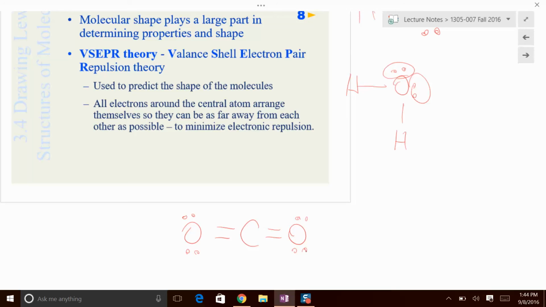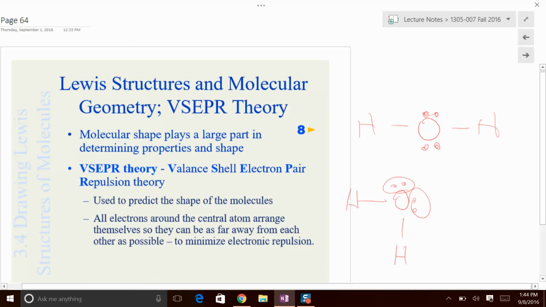They're perfectly linear. But water, because of the lone pairs, when those lone pairs are added to that central element, they force the hydrogens down because they're taking up room. They force those hydrogens down, and now it's taking on a different configuration. It's bending it.